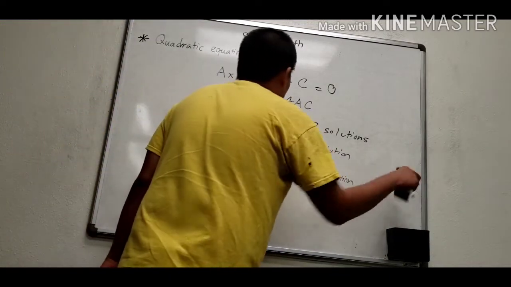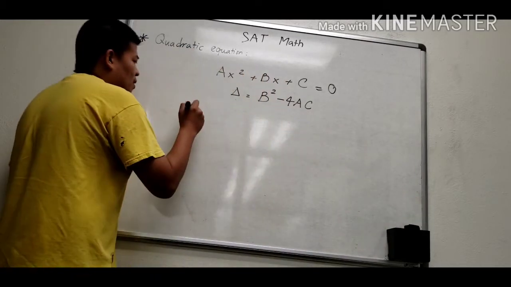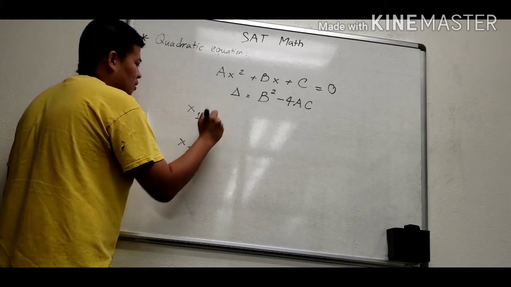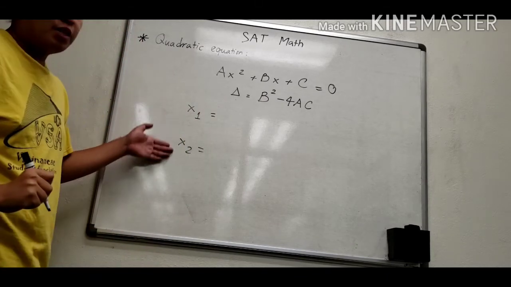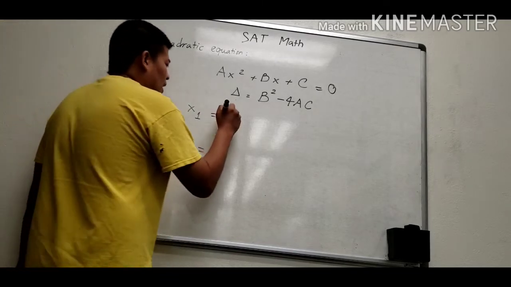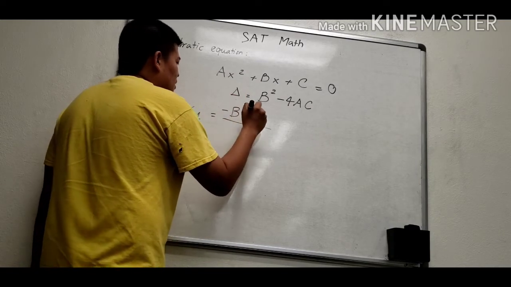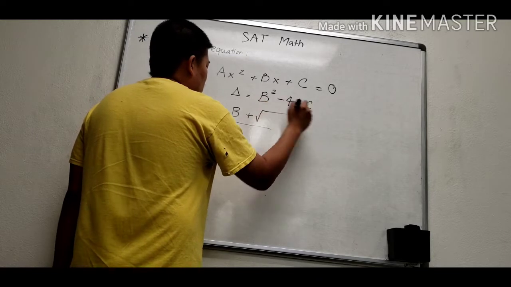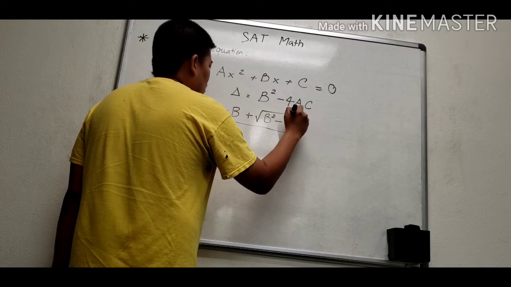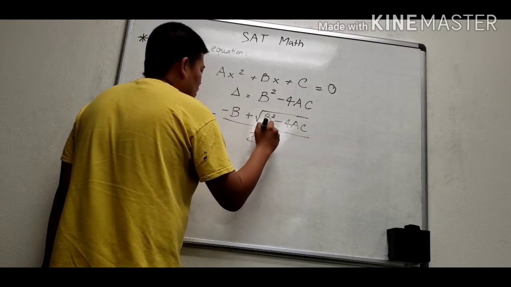The next one, after we have the delta, we will find the s1, s2. s1, s2 are the solutions of this quadratic equation. And in here, the formula is minus b plus the square root of b power 2 minus 4ac, divided by 2a.